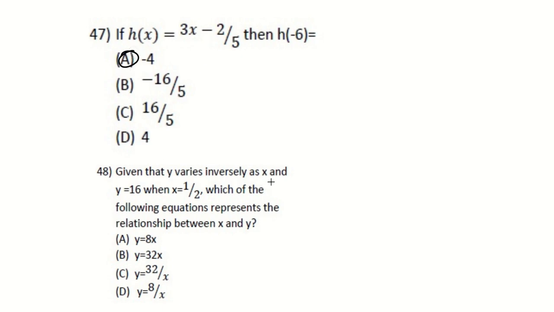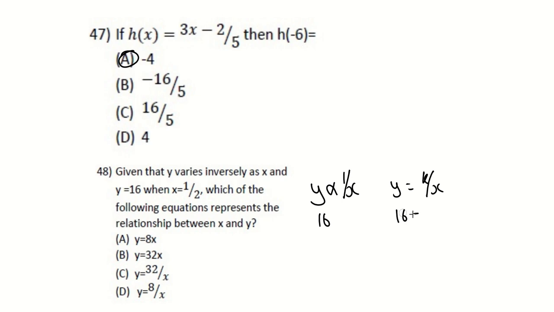Given that y varies inversely, right? So that's 1 over x. So that means y is equals to k over x. Alright? So first off, they said when y is 16, x is a half.